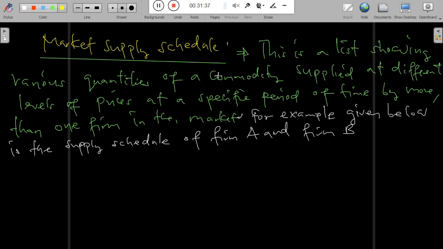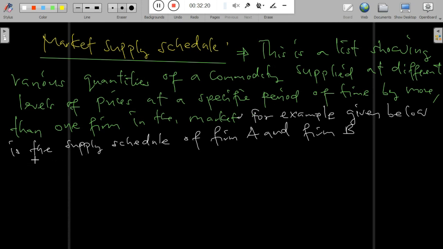An individual supply schedule shows the various quantities of a commodity that will be supplied in the market at different levels of price at a specific period of time by a single firm. But here now there are many firms.